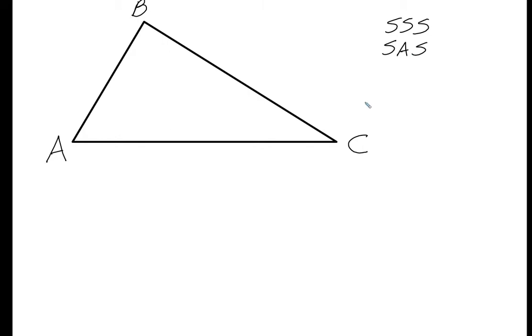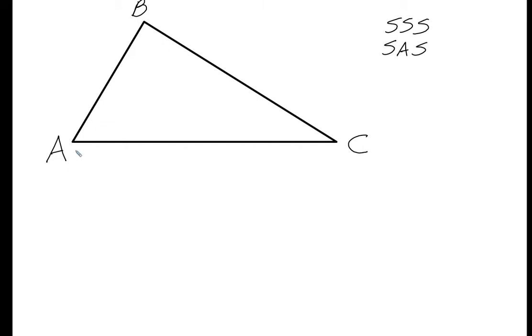Those were the two that we said should be solvable, but are not solvable by the law of sines. And so we're going to see another way that we can tackle these kinds of triangles.